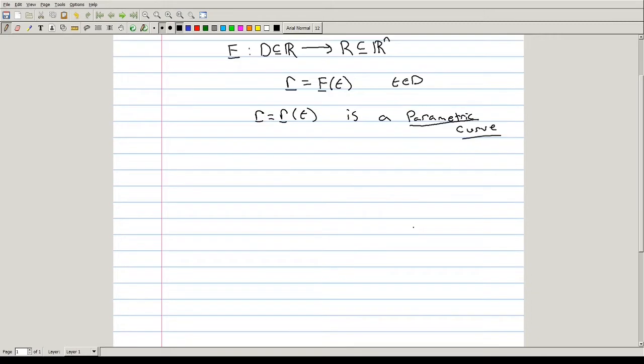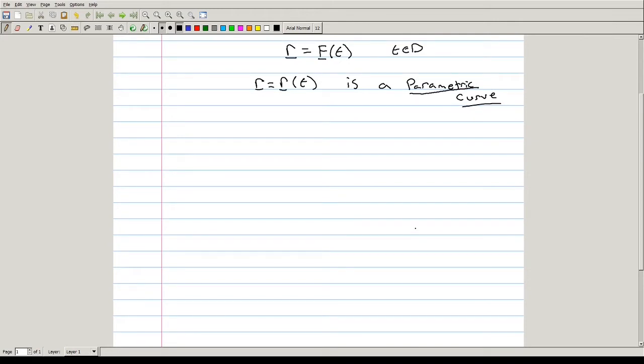So really, we want a nice way of writing down exactly what this parametric curve looks like. The vector equation of the curve looks like this, but if we want to write this down in, say, a Cartesian coordinate system, then the vector equation of the curve can be written as follows in Cartesian coordinates.